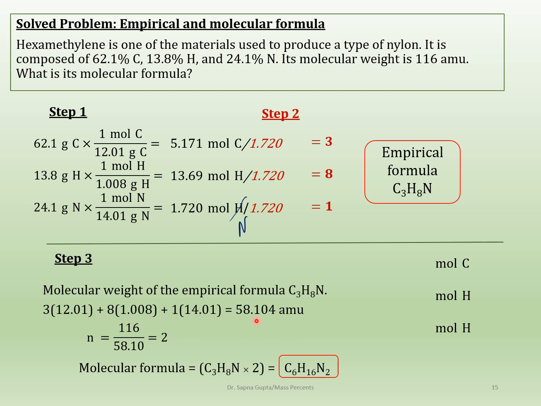The total mass is 58.104 for the empirical formula. Now you take the molecular weight that's given to you, 116, divided by the weight of the empirical formula, and you have the integer 2. So you take the empirical formula, multiply it by 2, and that's how you get your final molecular formula.